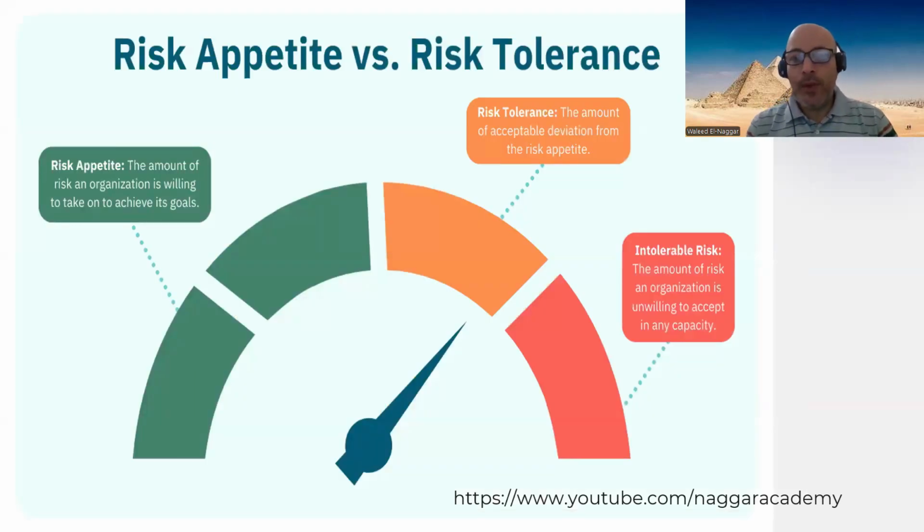So now we're going to talk about the risk appetite and risk tolerance. When we talked about the residual risk, we said that you put the right controls so that the risk will go to an acceptable level. So the risk appetite is the level of risk that you can live with, that you can accept. So in my business, we can live with this level of risk. But in other business, it could be different.